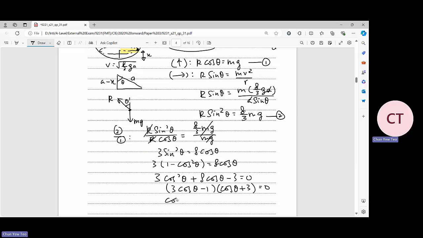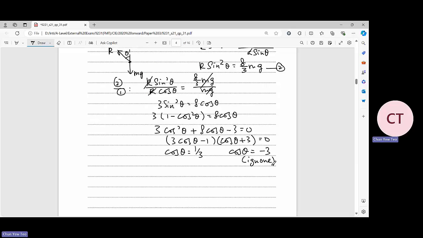So your cos θ equals 1 over 3, or your cos θ equals negative 3. This one you need to ignore, because cos θ cannot be greater than 1 or less than negative 1.